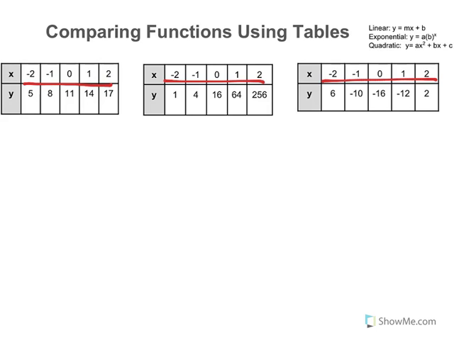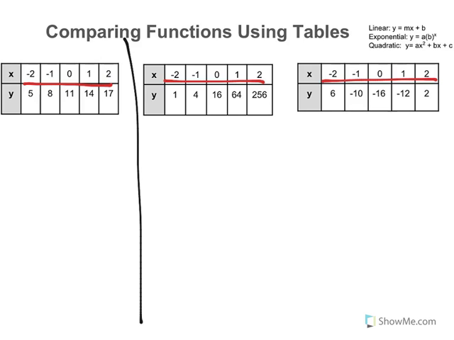So let's look first at our first table on the left-hand side. I'm looking at my y values, or my outputs, for these consecutive terms, and I'm checking to see if I notice any patterns. From 5 to 8 I added 3, and then from 8 to 11 I added 3, and that pattern remains constant.